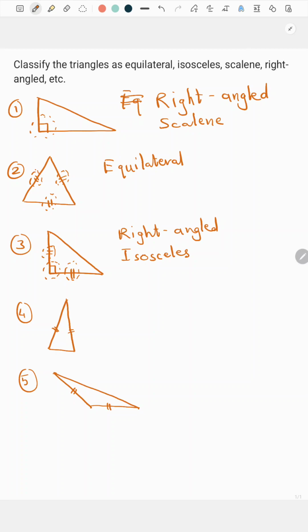The fourth one is only an isosceles triangle because there is no right angle marked here. Looking at this triangle, it is clear that all the three angles are less than 90 degrees. Now here I am going a little against my own advice, that just looking at the triangle you cannot tell if it is acute, obtuse or right angled.